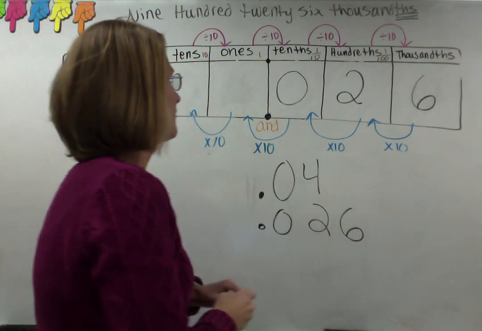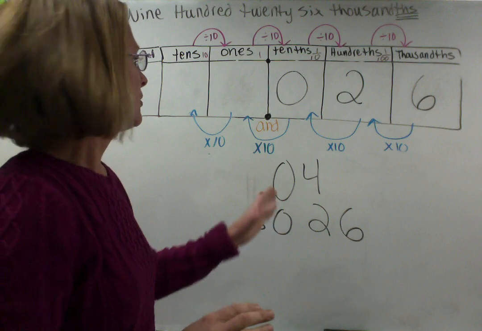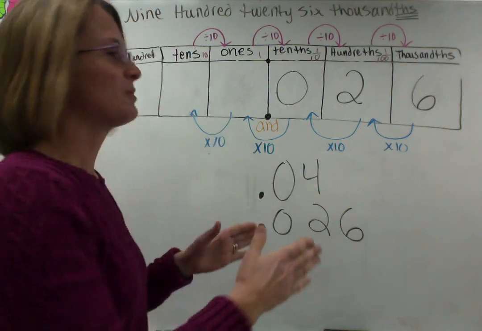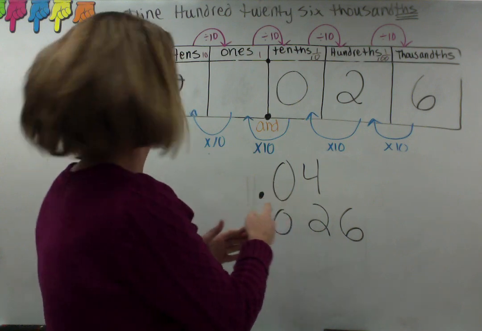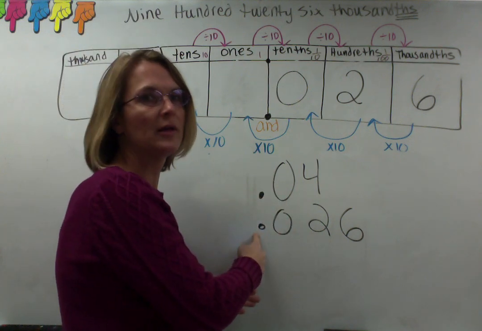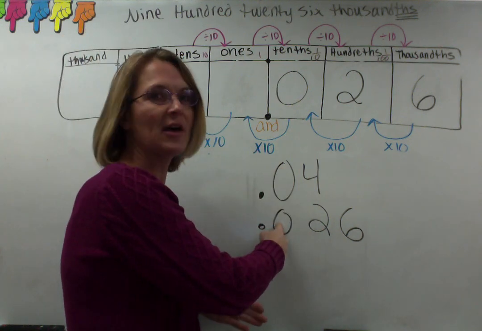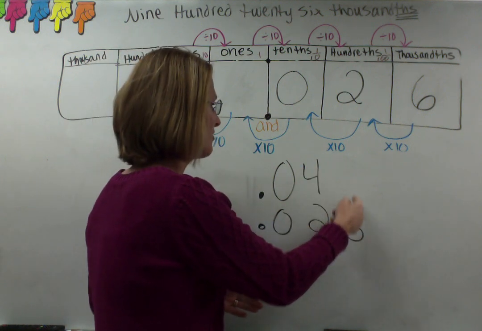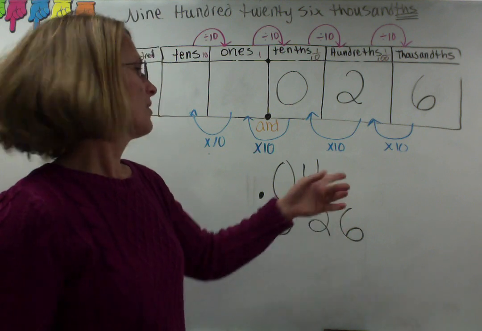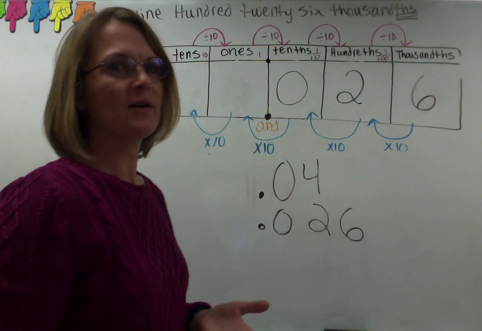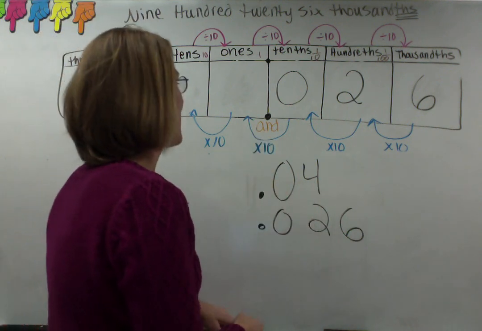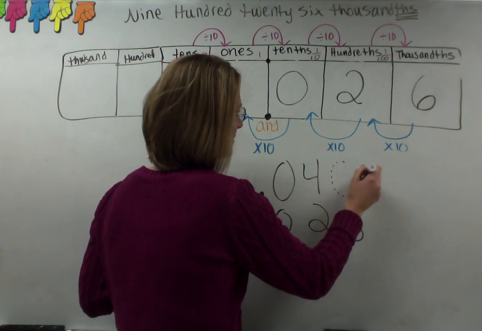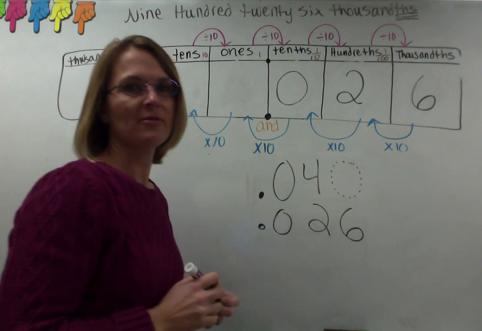Okay? Now, if you watch this carefully, you'll notice that my numbers are lined up. If I want to figure out which number is bigger, I need to line up my numbers with my decimal under my decimal, my tenths place under my tenths place, my hundredths place under my hundredths place, and my thousandths place under my thousandths place. Well, there's no number in the thousandths place here, but that's okay because that's the same as having nothing in that thousandths place.